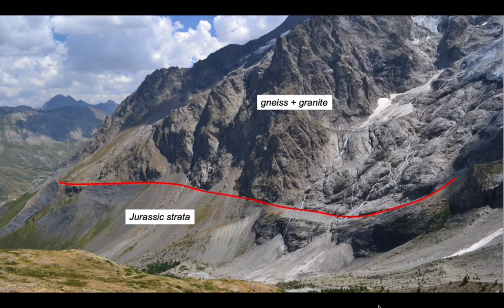So the thrust carries gneisses and granite, basement rocks in other words, over Jurassic strata, which are these slaty looking materials that lie lower on the slope. Where the label is, it's covered by scree, but you can see them in the ravines and on the crumbly cliffs to the left. So thrusting of basement onto sedimentary cover.